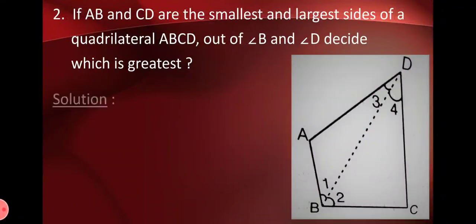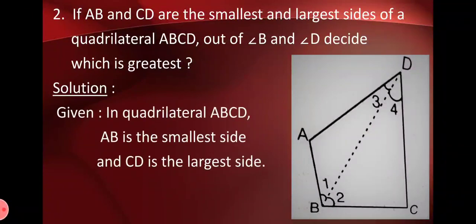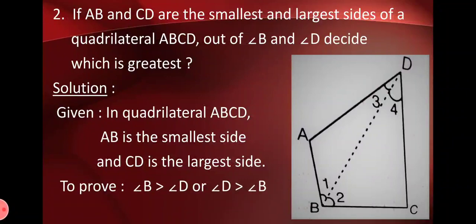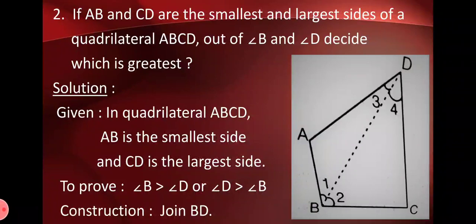For the solution, first let's write the given. In quadrilateral ABCD, AB is the smallest side and CD is the largest side. We have to prove angle B greater than angle D or angle D greater than angle B, because we have to find out which angle is greater. So first we do the construction, join BD.